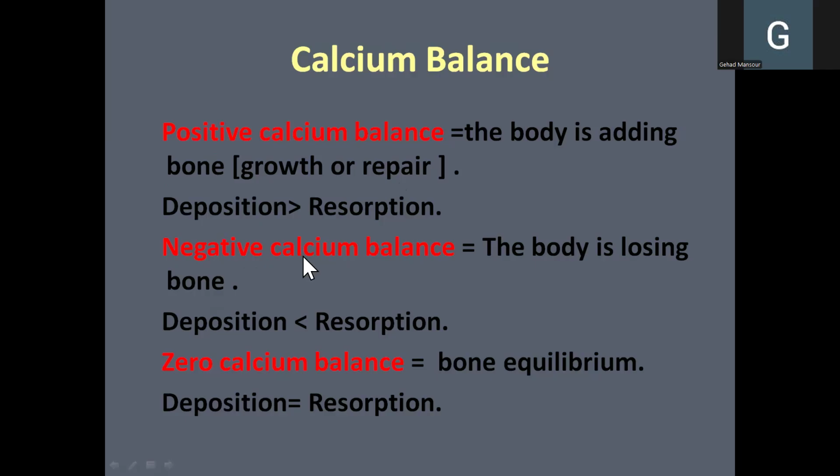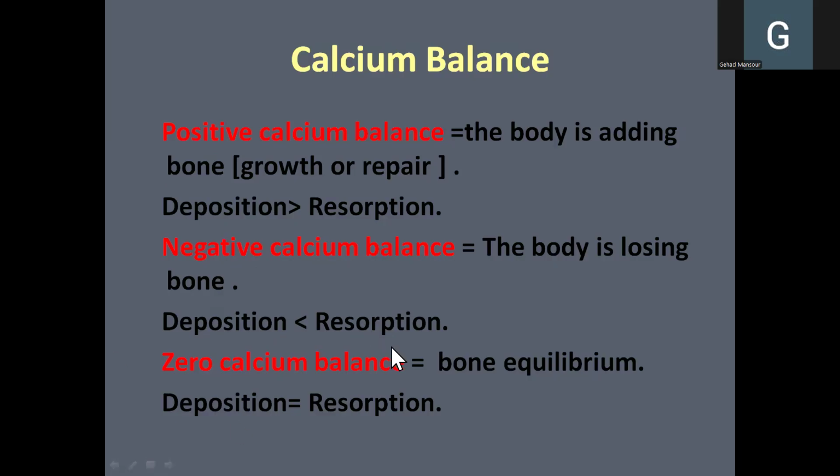On the other hand, just like it occurs in old females after menopause, there is a negative calcium balance and the bones are losing calcium more than they are depositing calcium. And again, I say deposition never stops, resorption never stops, but what we are discussing here is the relationship between the two.